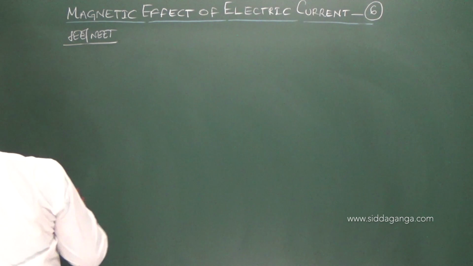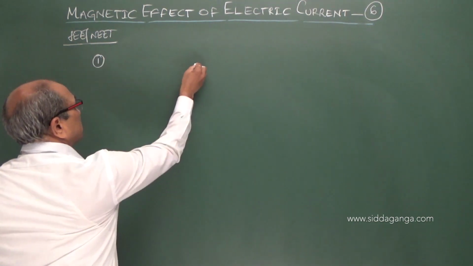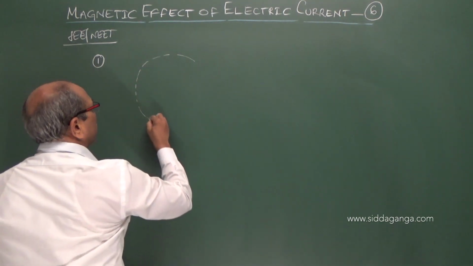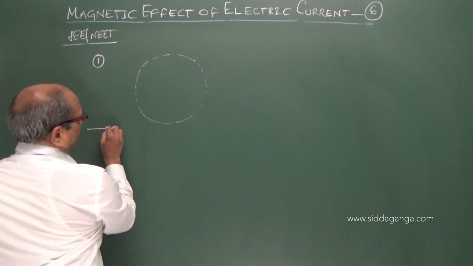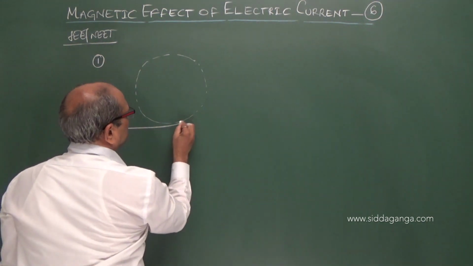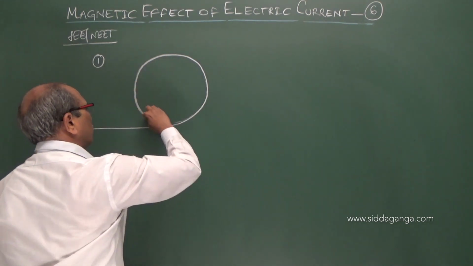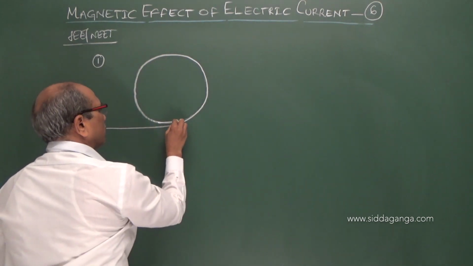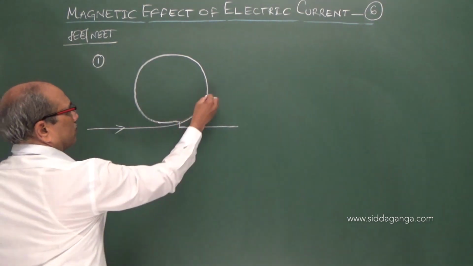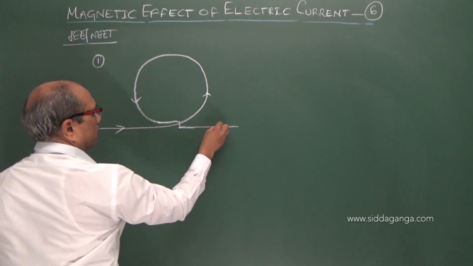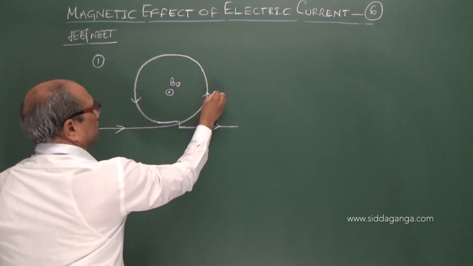So let us take an example. If the loop is carrying the current of this form, now let us imagine the wire is passed like this. What is the magnetic field at this center, B naught?